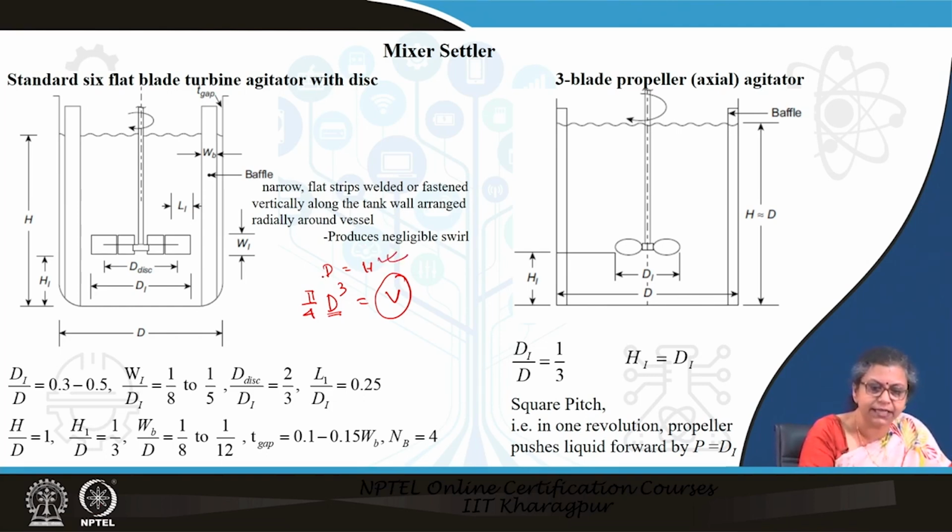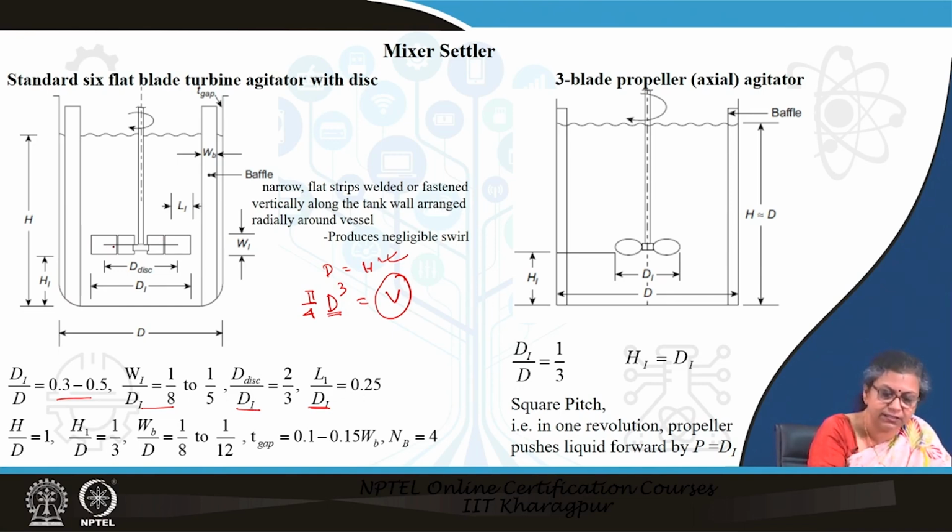Once the height is decided, then we can go for the impeller design. Usually these are more or less thumb rule types, and there are some fixed ratios for the diameter of the impeller, the width of the impeller, the diameter of the disc, the length of the impeller, and the height from the liquid bottom where the impeller is kept.